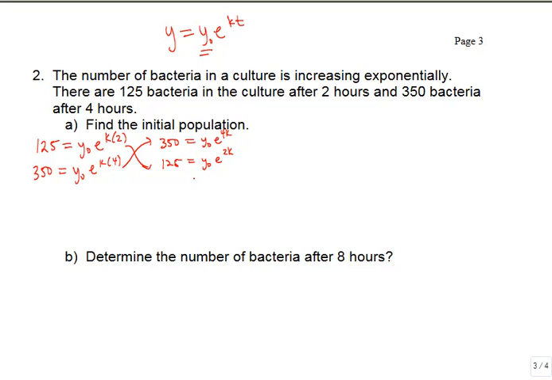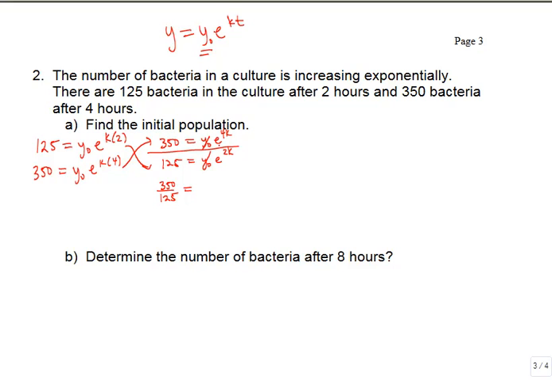One thing that I noticed that might help me eliminate one of my variables is to divide the two equations right away. So 350 divided by 125, you could reduce that if you wanted to. I'm just going to leave it as is for now, is what I would get on the left side when I divide. And what do I get on the right side when I divide? Well, when I divide y sub 0 by y sub 0, these cancel each other out, which is the whole reason why I'm doing this. I'm trying to eliminate one of my variables.